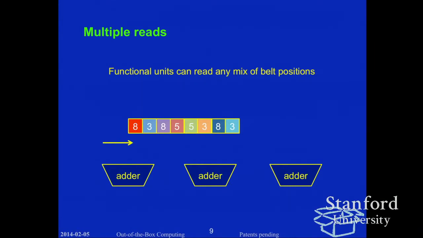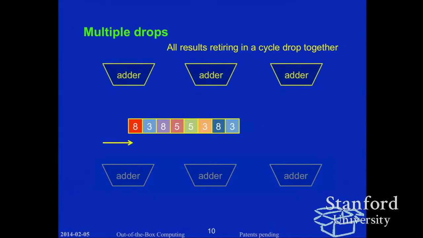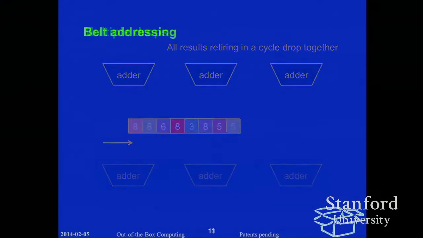So in this case, you can have three different functional units, which will be independently grabbing values off of the belt. And in due course, when those functional units are ready to retire a result, all of their results drop onto the front of the belt and push corresponding numbers of operands off the back.